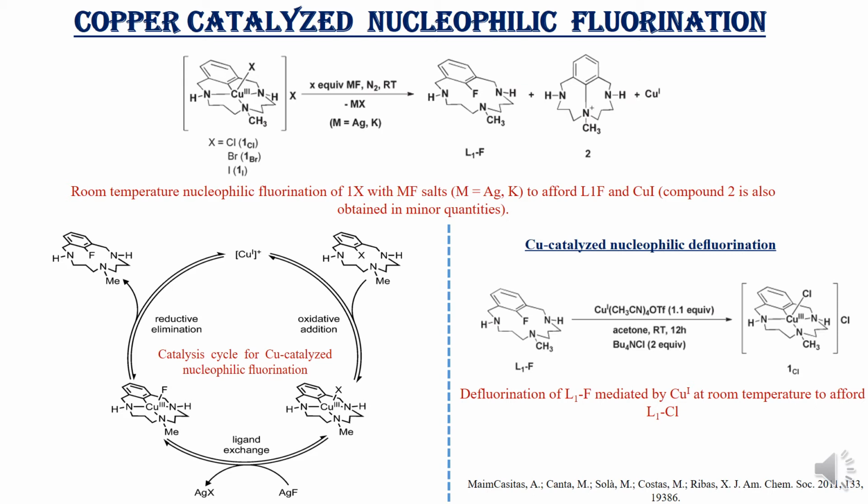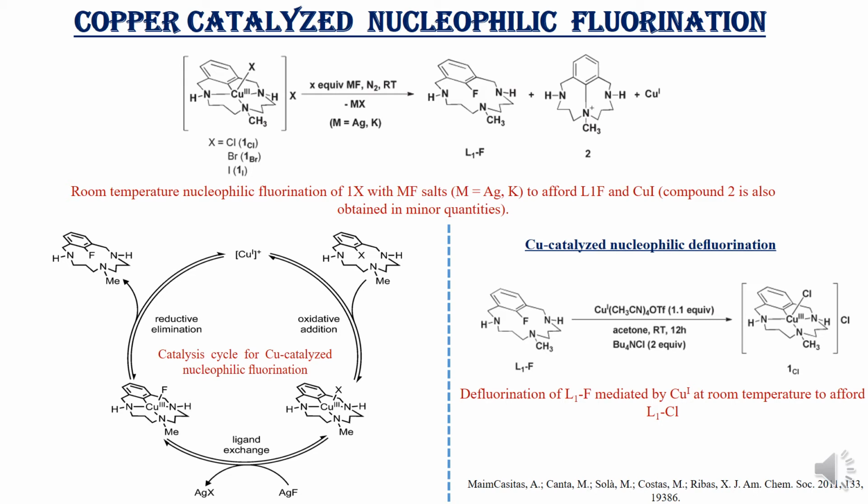As far as the reactions were concerned, with the same reaction, nucleophilic defluorination was also tried. The other possibility was examining whether this aryl fluoride could be activated by copper(I) and whether it can undergo defluorination or not.